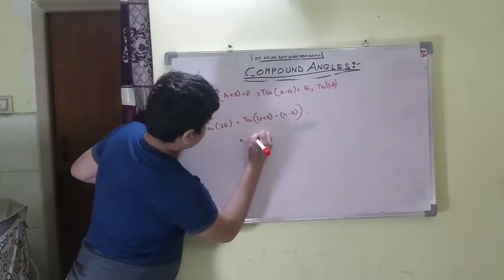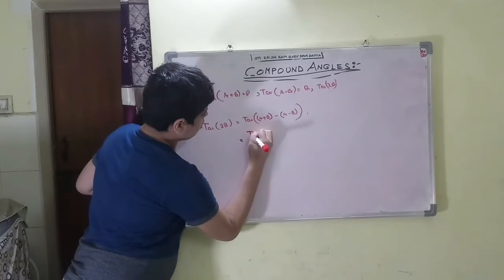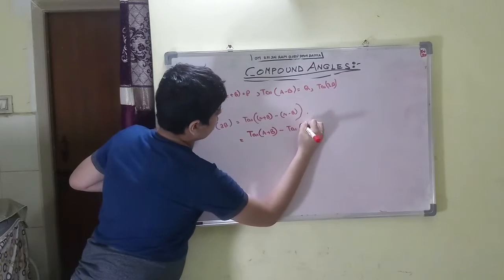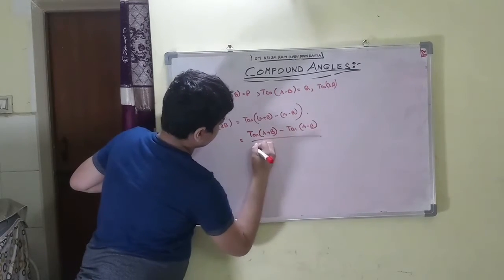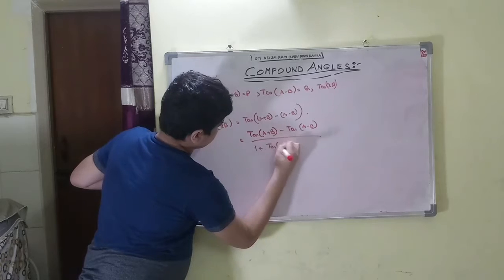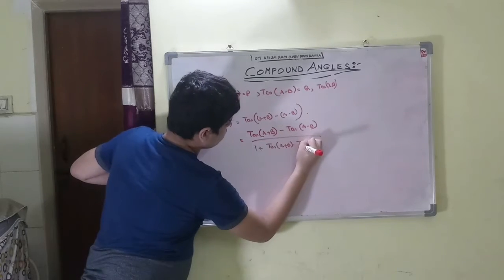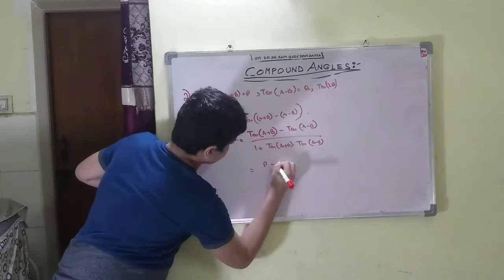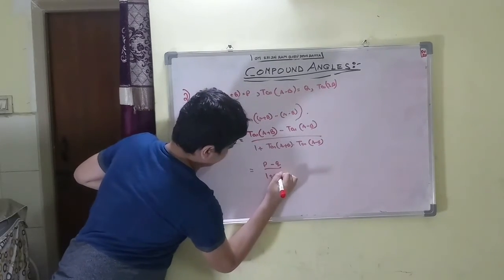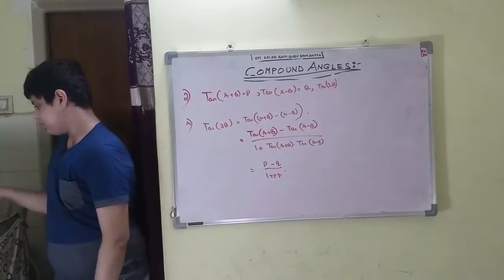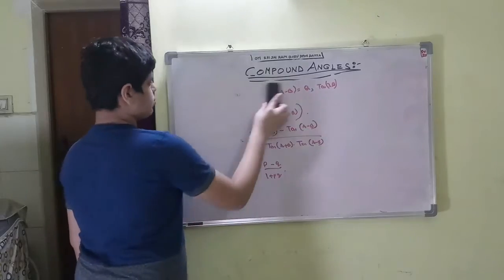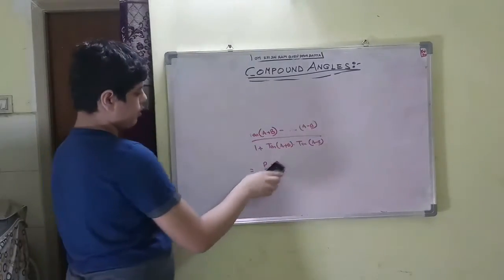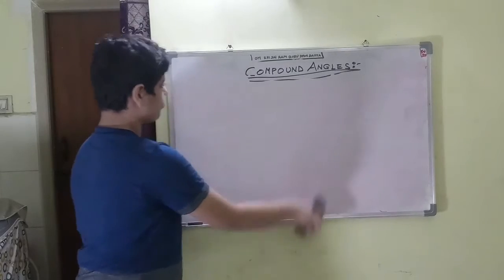So tan of (a minus b) is equal to tan a minus tan b upon 1 plus tan a into tan b, which is equal to p minus q upon 1 plus pq. Okay, so this is our answer. You may take a note of it. So he asked cot 2b, so you can reverse this one: 1 plus pq upon p minus q.